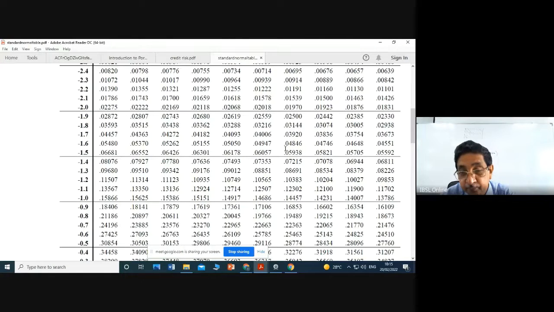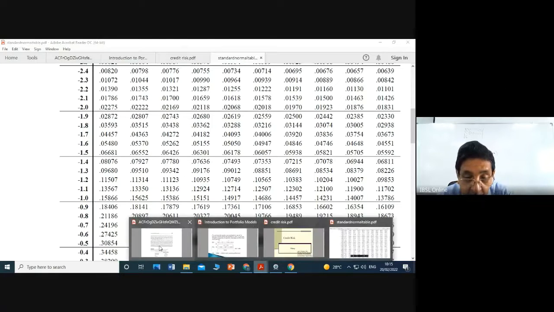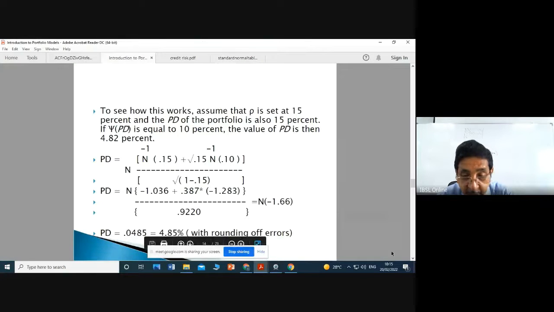The value is 0.04846, and that comes to 4.85.